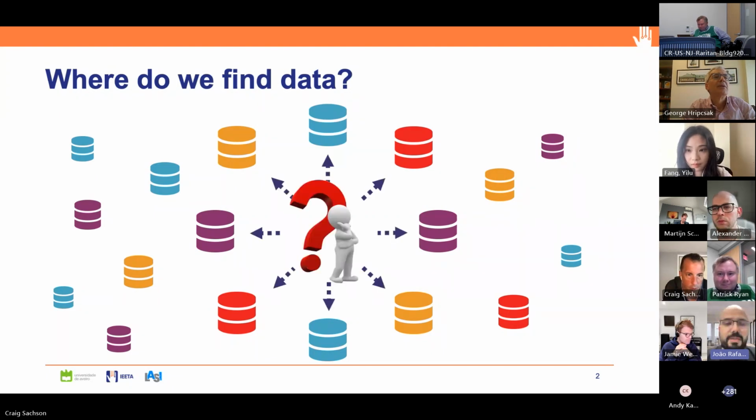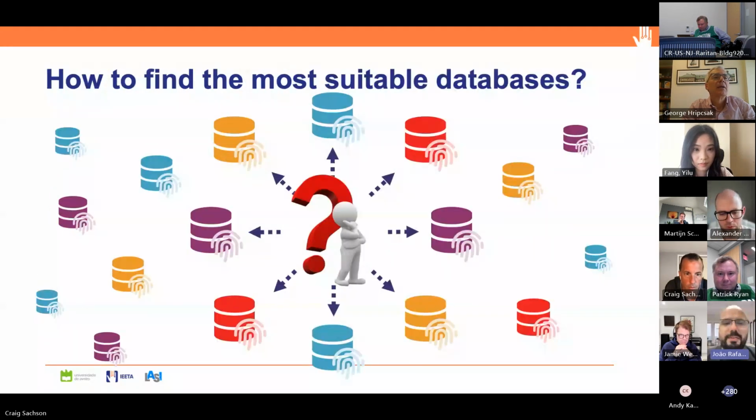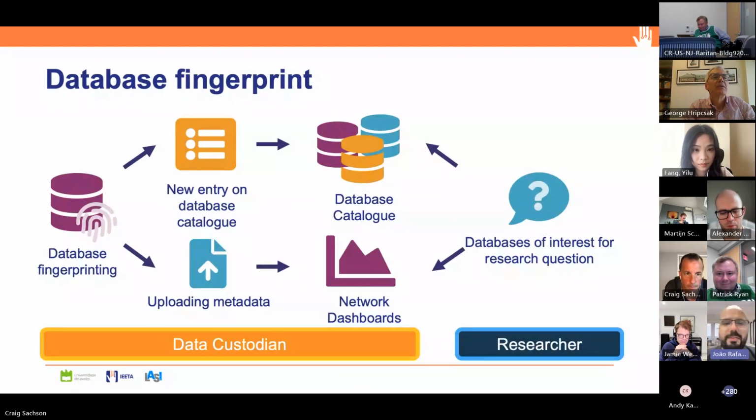In Eden, we created the concept of database fingerprint. The database fingerprint is a process in which the data custodian needs to publish some information about the database. This part was built in two stages.